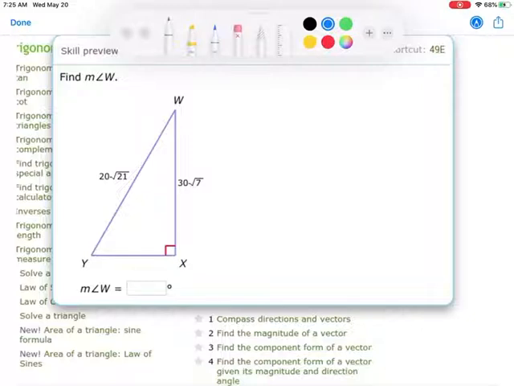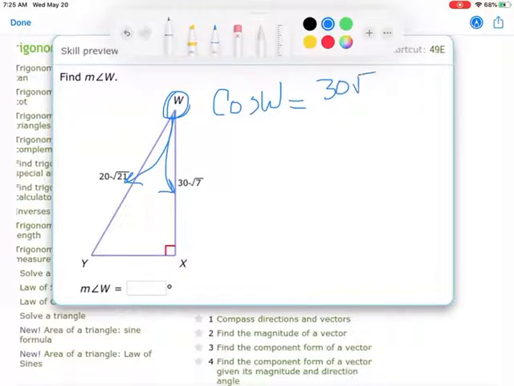All right, so there's W right there. We've got the adjacent side, the side next to it, and we've got the hypotenuse. Adjacent, hypotenuse is cosine, so cosine W is equal to adjacent over hypotenuse, 30 root 7 over 20 root 21.